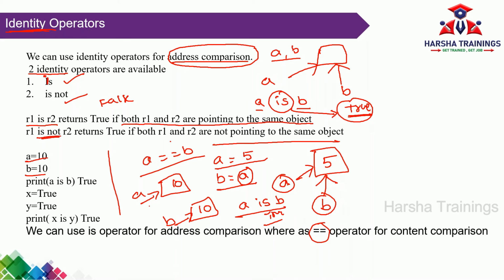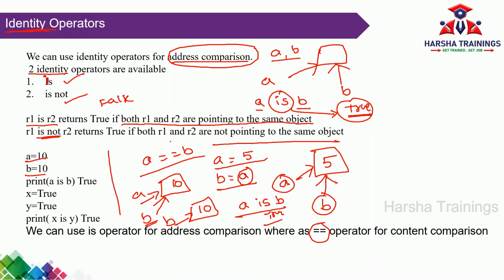But the advantage of Python is that the value already exists. If you want to create a new variable with the same value, Python does not allocate new memory. Simply the existing memory is referred to by that variable also. You got it? It reduces memory usage.